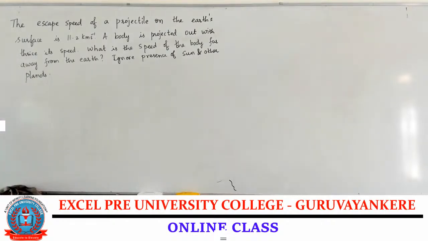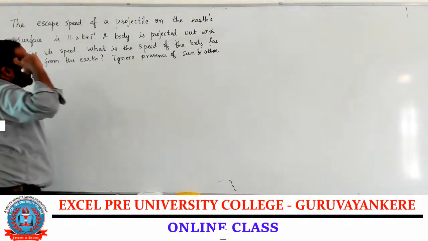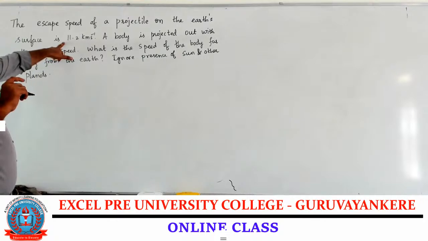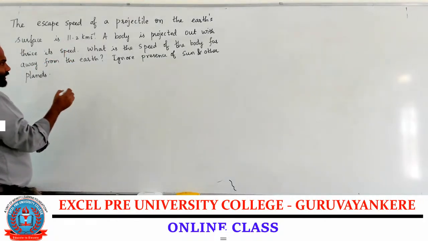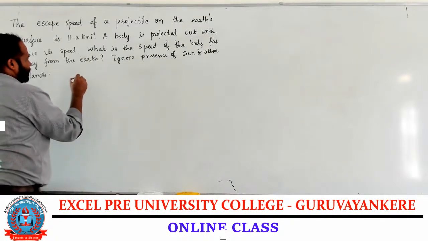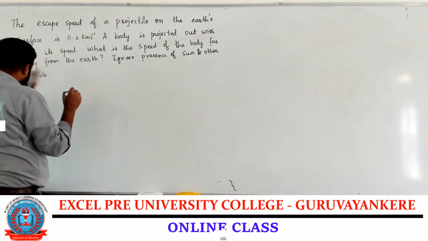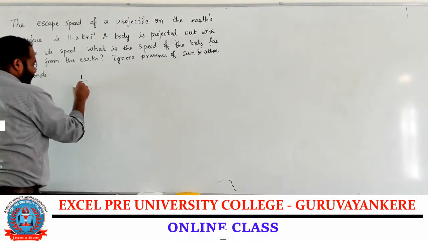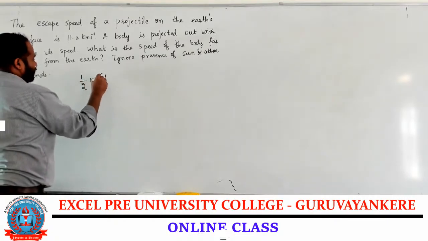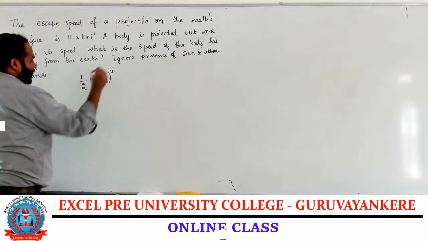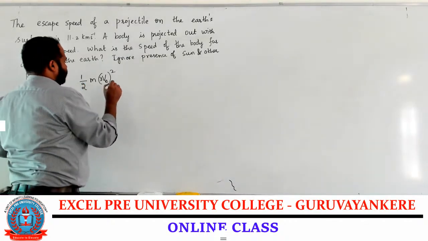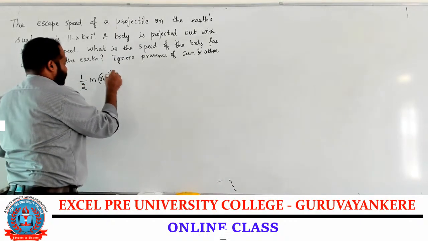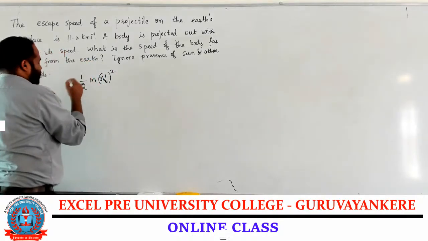So see here, we know the expression. This is the escape speed at Earth's surface. So it is projected with thrice the speed. So its initial kinetic energy is half m (3ve) square. Whereas there is some potential energy.